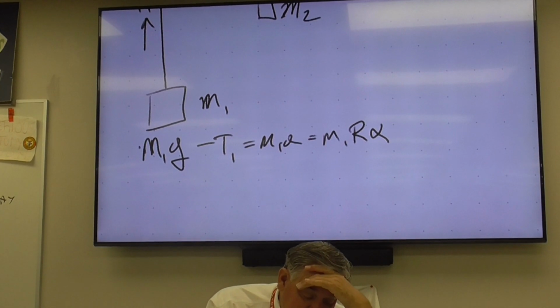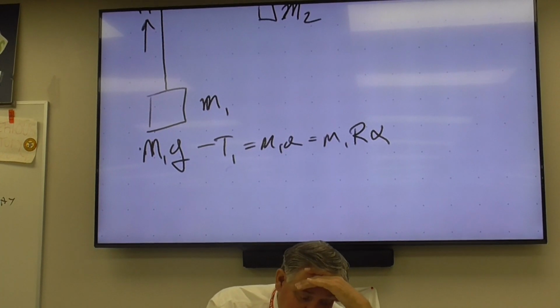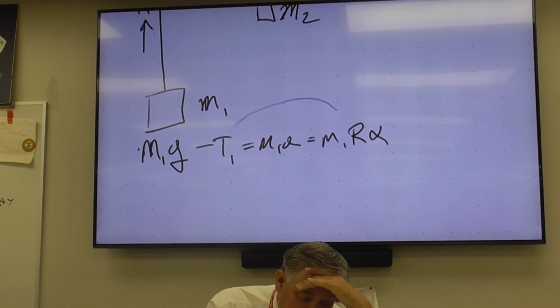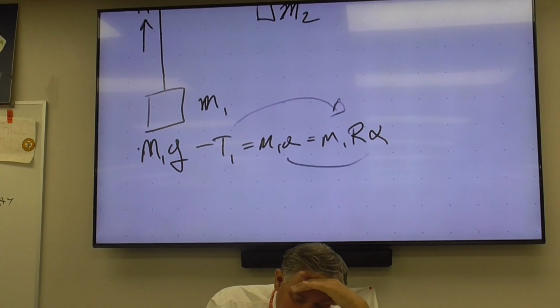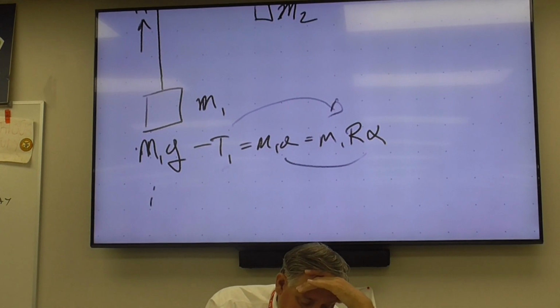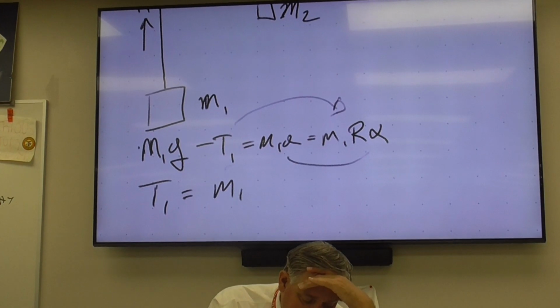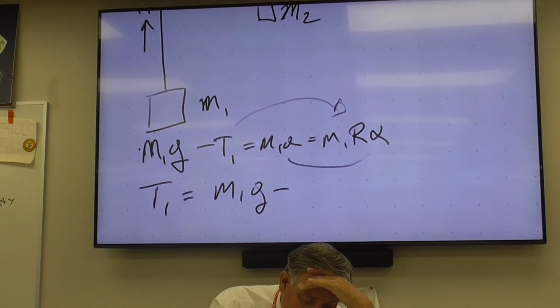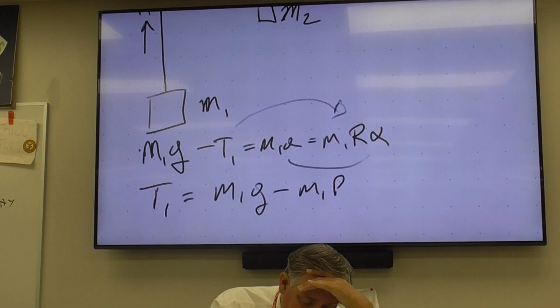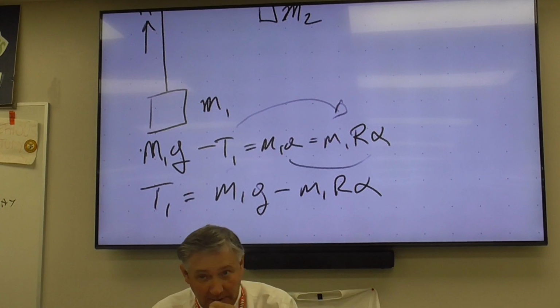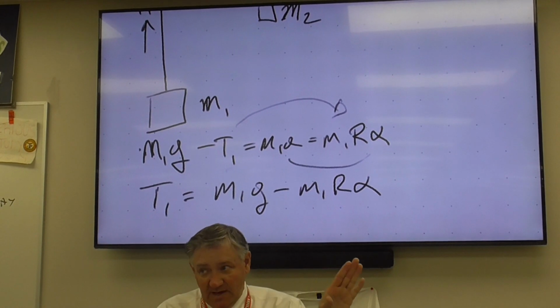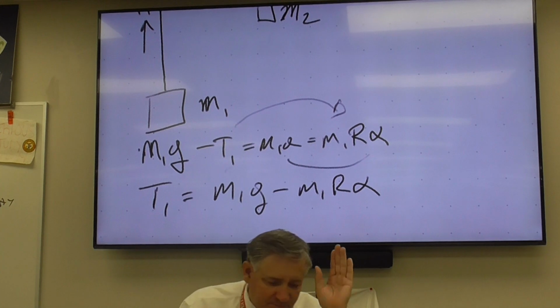I need to get tension by itself. So I hate negative numbers, so I'm going to add that over here and subtract that over. So I'm going to have tension 1 equal M1G minus M1R alpha. Okay? Simple algebra.